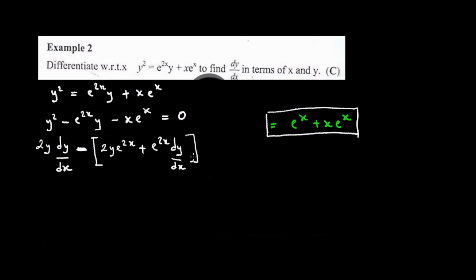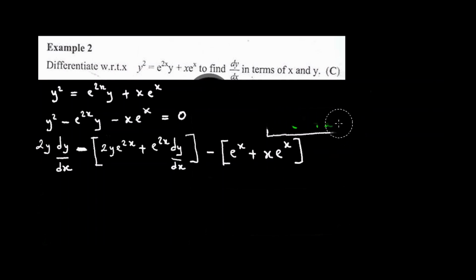Okay, then we differentiate minus derivative of x e to the x, which gives us, in brackets, e to the x plus x e to the x, and of course we can remove this, we have used it. Then this is equal to 0.